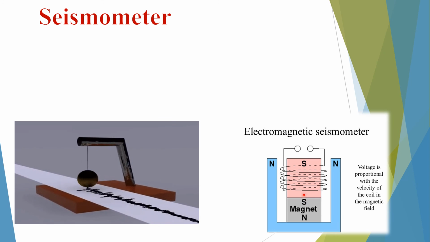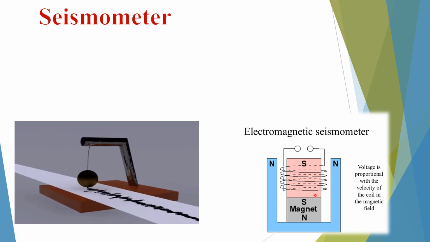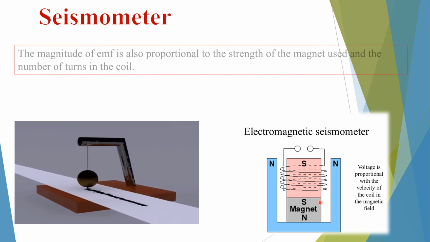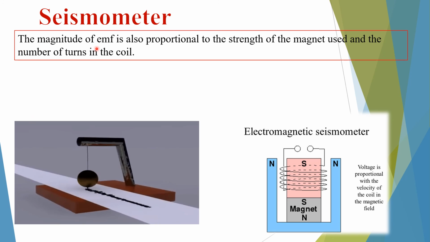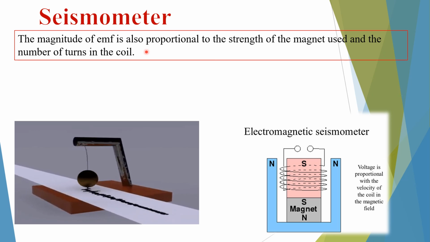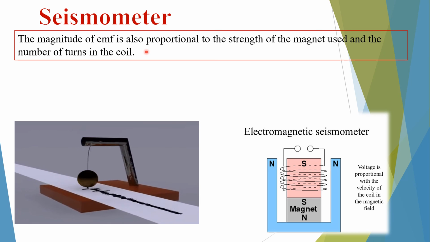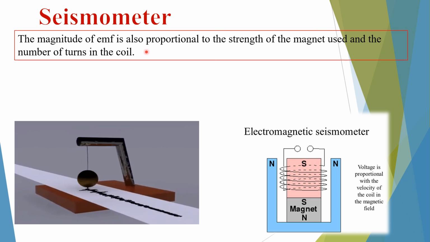So when the velocity of the coil increases, we will have a greater EMF induced in the coil. The magnitude of EMF is also proportional to the strength of the magnet used and the number of turns in the coil, because we know that EMF is directly proportional to the number of turns of the coil, and also directly proportional to the rate of change of magnetic field.